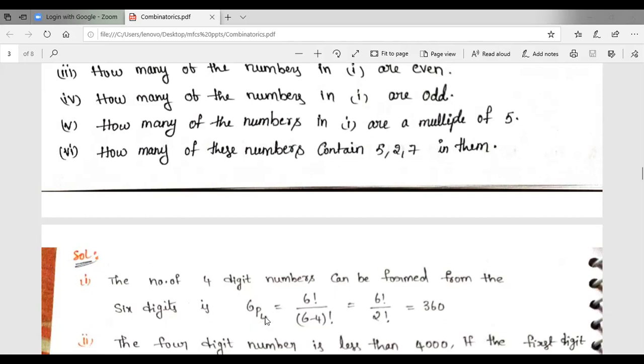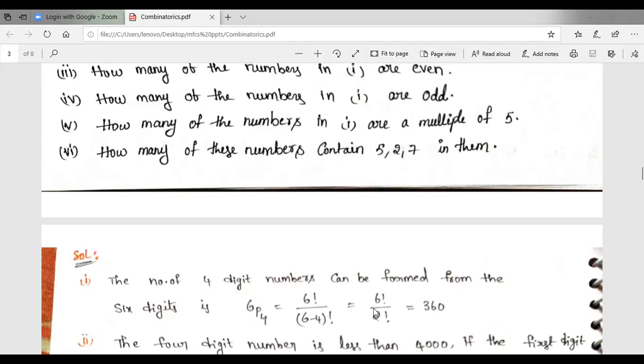The permutation size is 4 digits, and using these 6 digits we have to arrange the numbers in 4 digits. So 6 factorial divided by (6 minus 4) factorial, 6 factorial by 2 factorial, equals 360. 6 factorial means 6 into 5 into 4 into 3 into 2 into 1. In the denominator 2 into 1, so the 2 cancels.